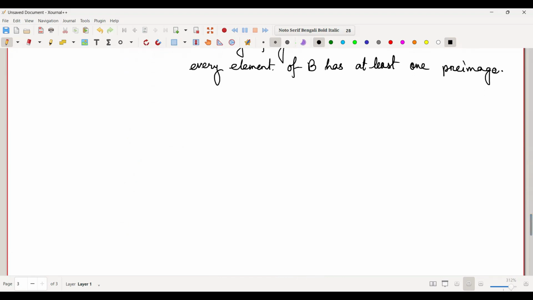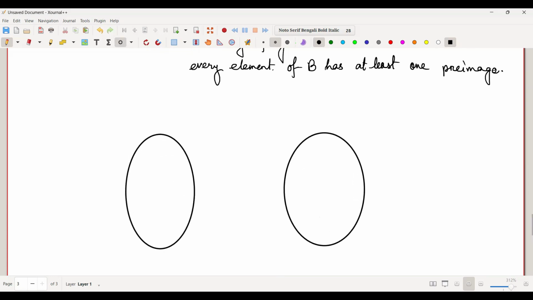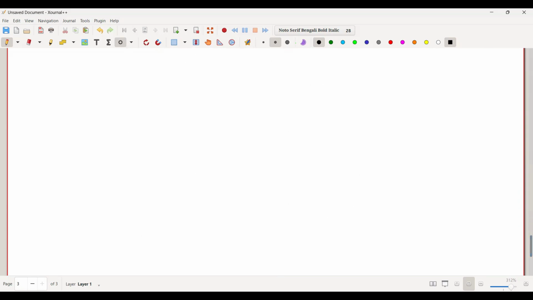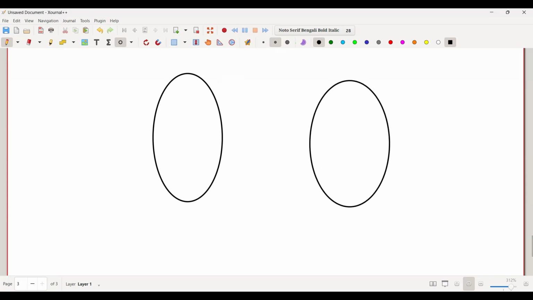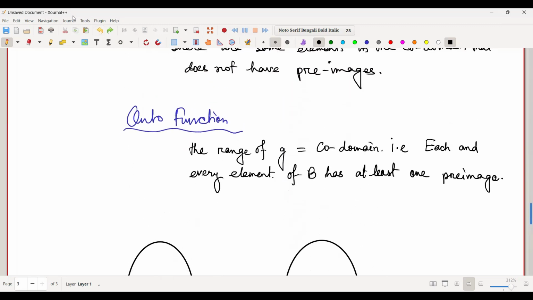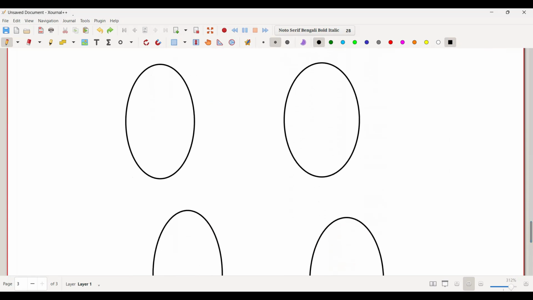Like this, okay, I am taking two examples. So these two are onto functions.